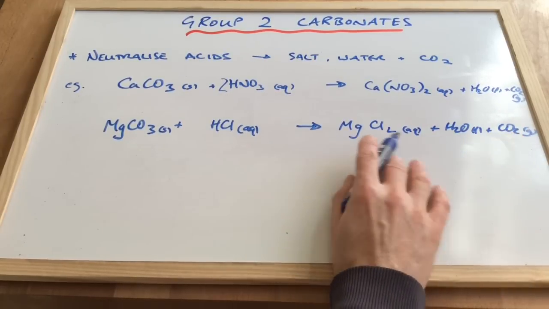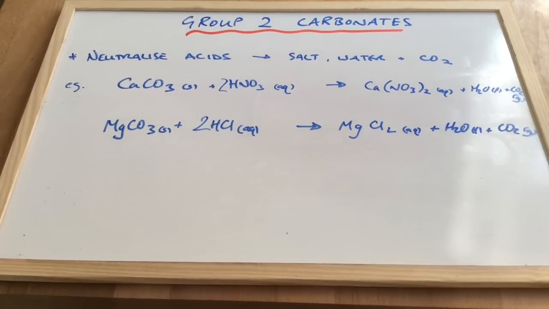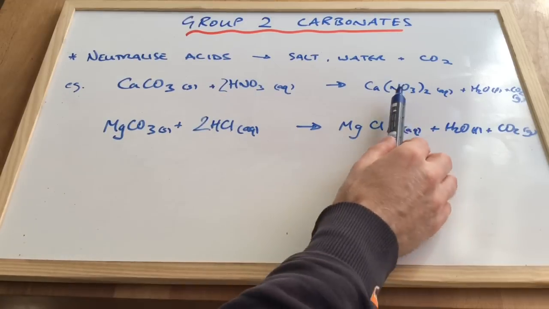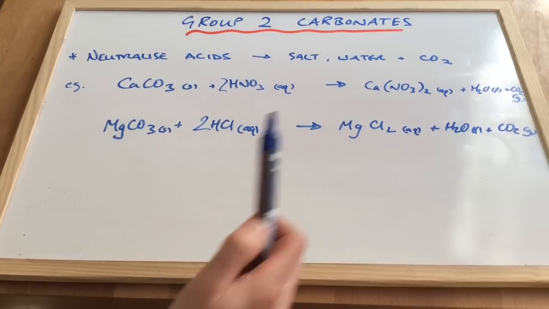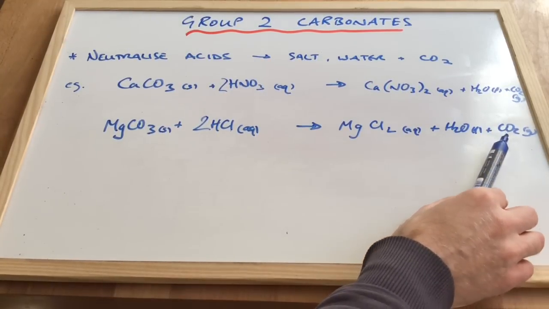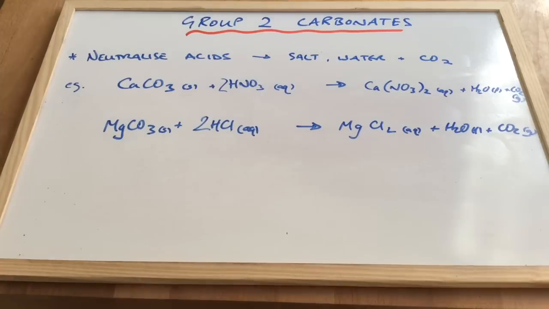And to balance this, 2 chlorine, 2 HCl's. Observations, again look at the state symbols, solid, aqueous, aqueous, liquid, gas. So the solid's dissolving in both examples, and the extra observation in here is you would see gas produced. So you'd see bubbles of gas or effervescence.